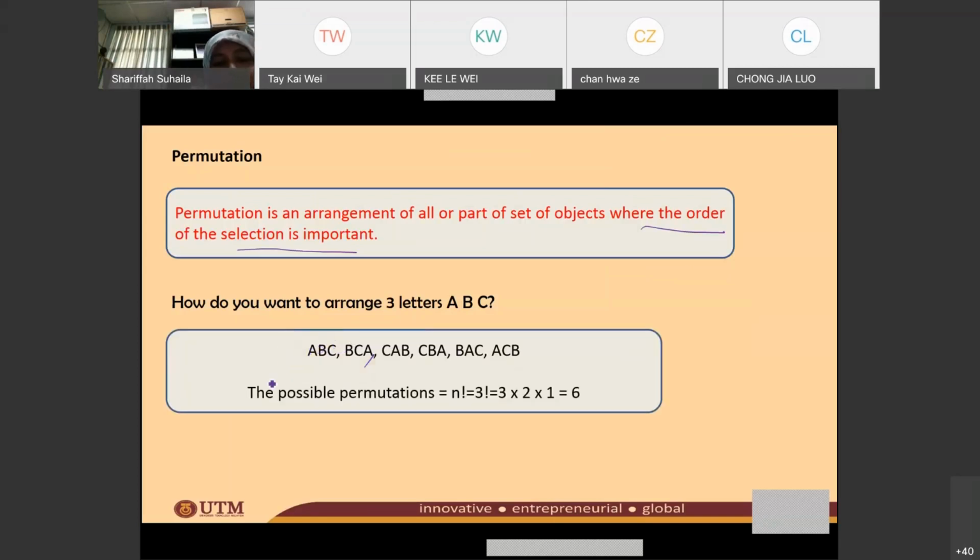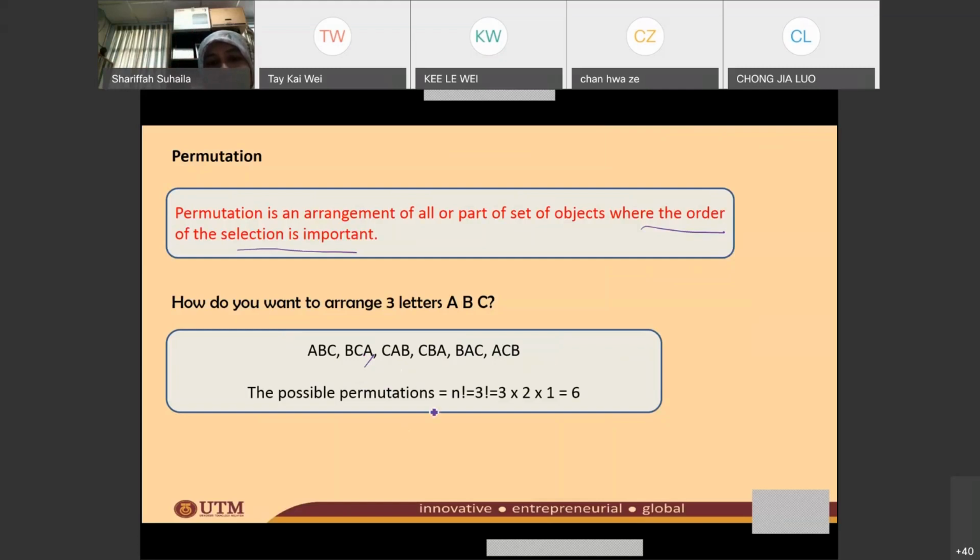So you will have ABC, BCA, CAB, CBA, BAC, ACB. These are different arrangements. The combination may be the same, for example combination ABC and CBA are the same, but the arrangement is different. So now the order of the selection is important, which means you have 6 possible ways.